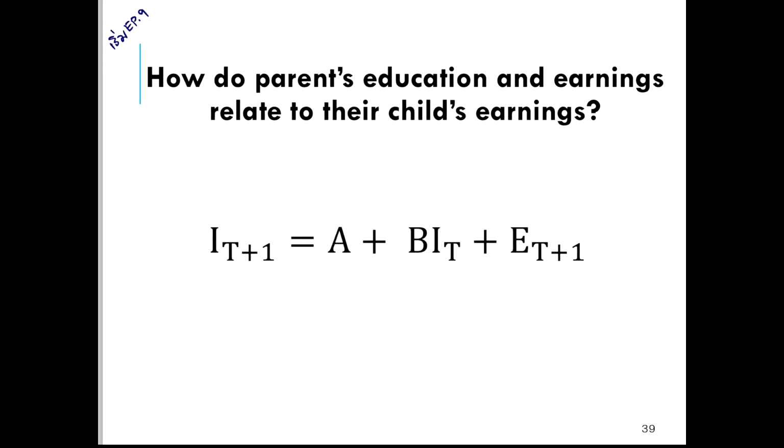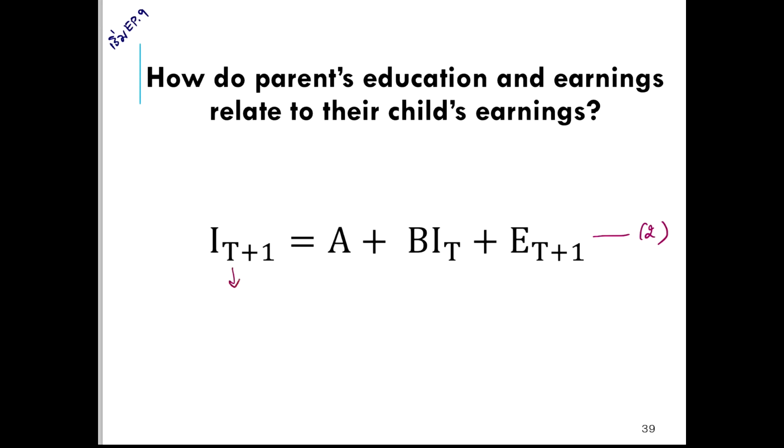Next, we're going to study how parents' education and earnings are related to their children's earnings. This is equation number 2.